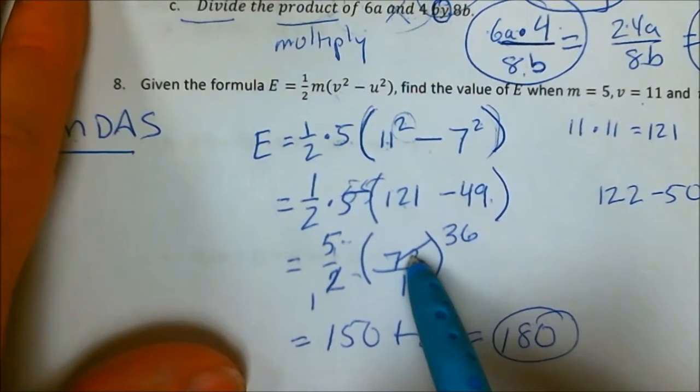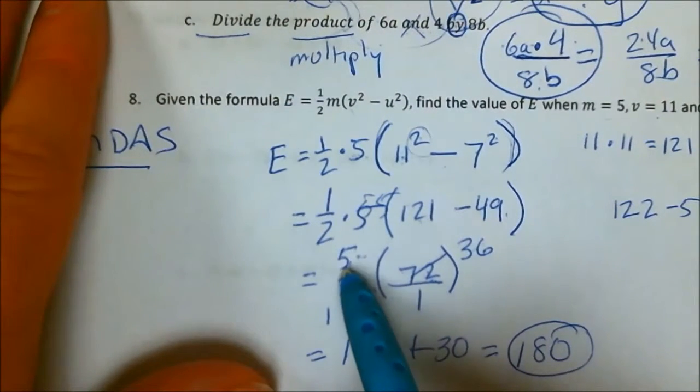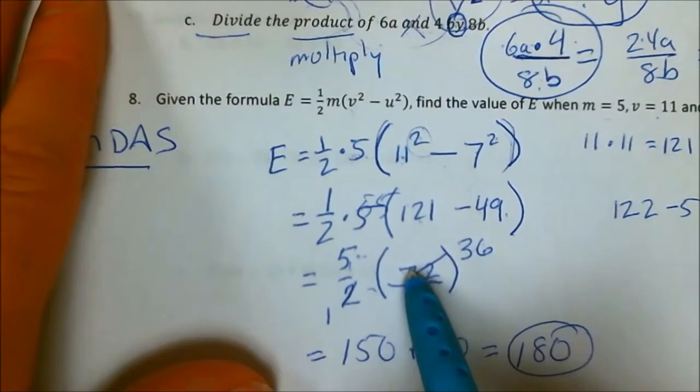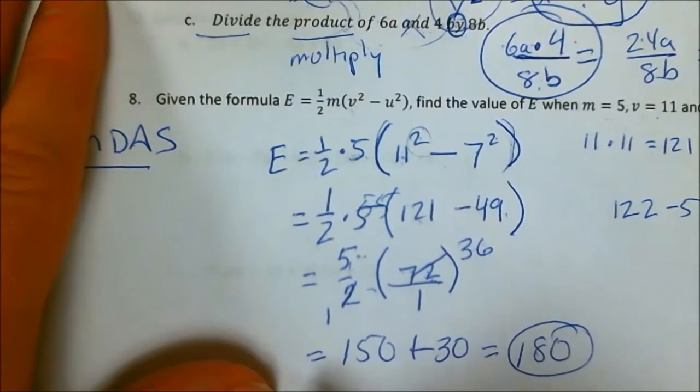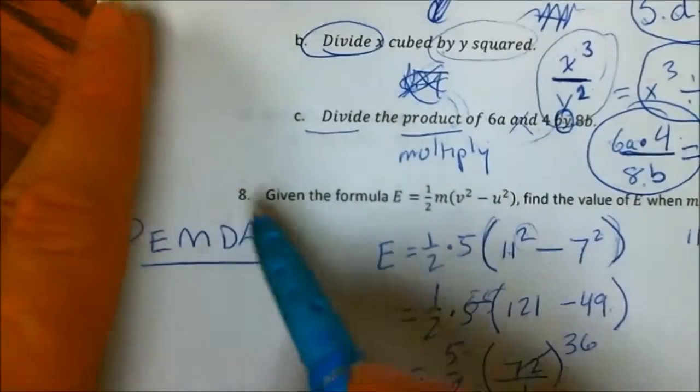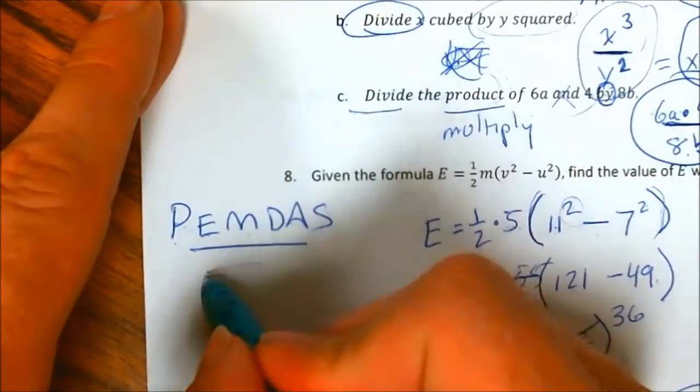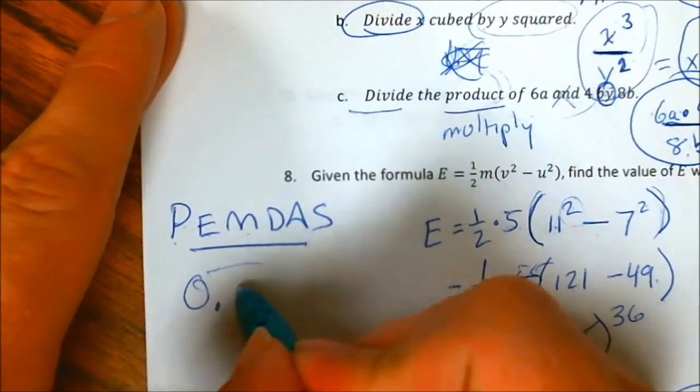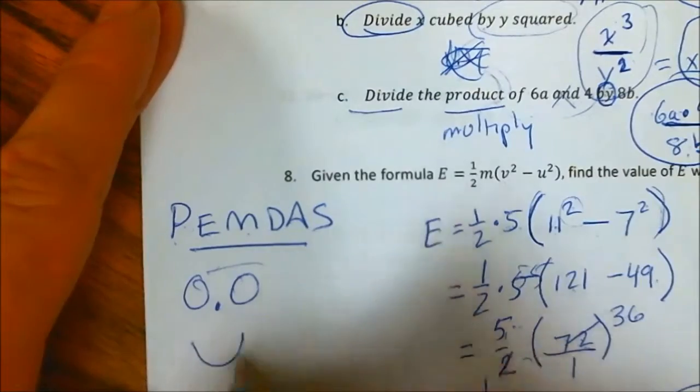Now that I've done what's in the parentheses and taken care of the exponents, I can distribute that 5 halves in. And that gives me my 180. You've got to make sure you do things in order. Order of operations. Make me happy.